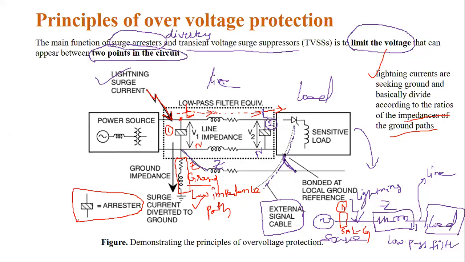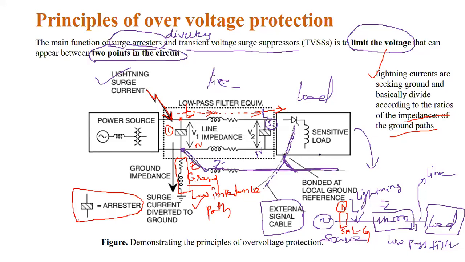Here the signal cable, the external cable, is bonded to a local ground. The ground is a low impedance path, and such an arrestor or diverter is also connected to this ground. Now see this connection, this one to this one.